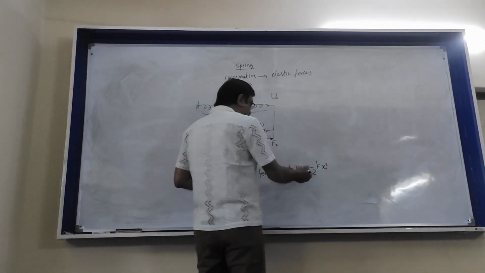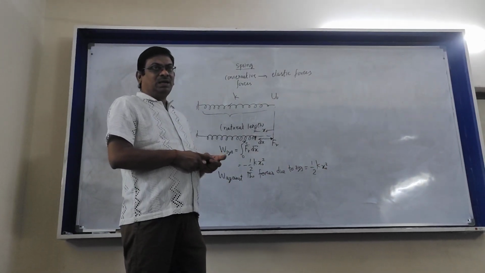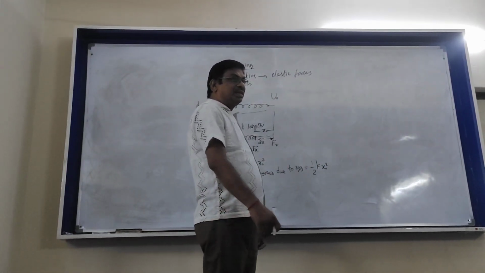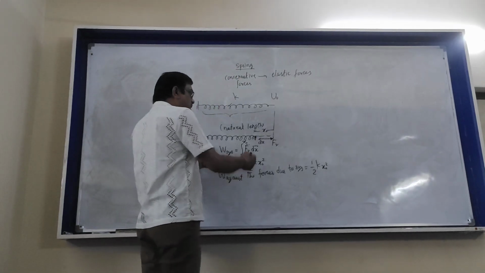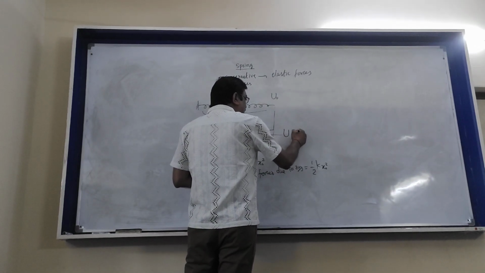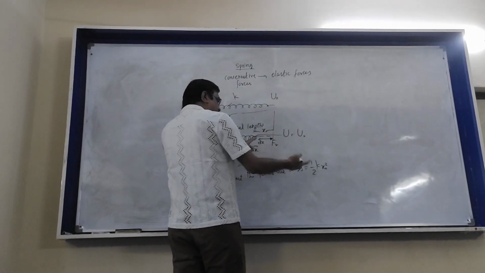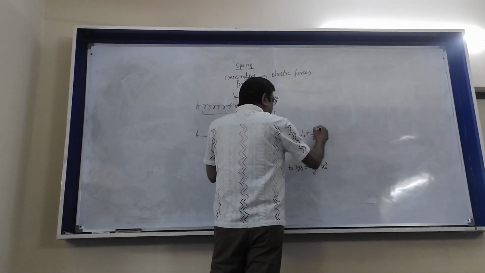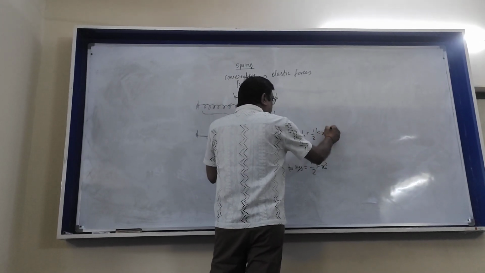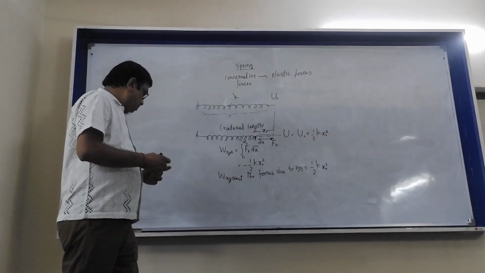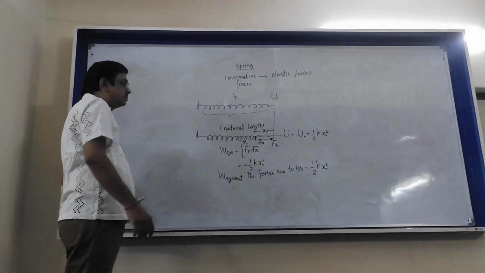And whatever be the work done against the system forces, that straight away goes to increase the potential energy. So now the new potential energy will be the original potential energy plus half kx square. This is the new potential energy.